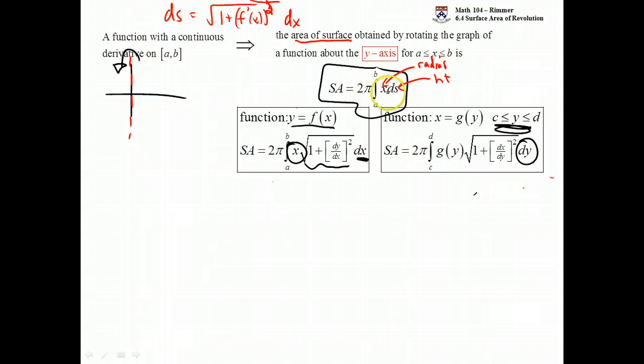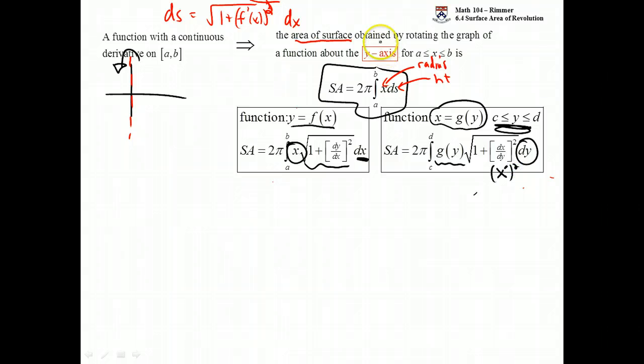The fact that x is the radius, when the integral is in terms of y, then we basically invert everything and replace the x by g of y, the function. We'll see some examples of this. But then technically if we're going to do ds, then it's not 1 plus y prime squared. Technically it's 1 plus x prime quantity squared.